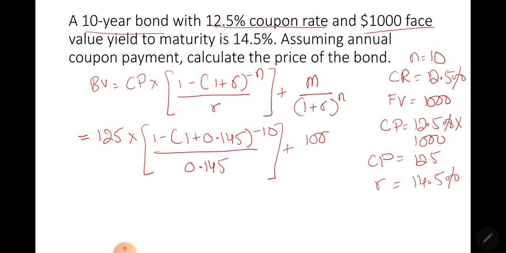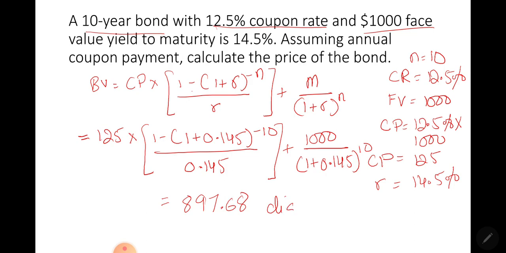So this is 1000. So if you solve this, the answer is coming 897.68. The bond value, the bond price is less than 1000. This means this is a discount bond.